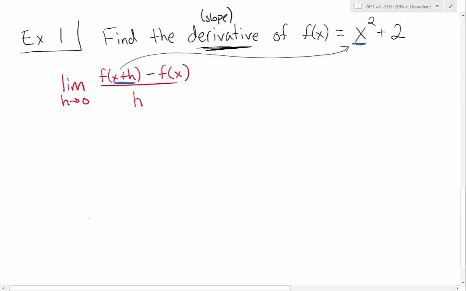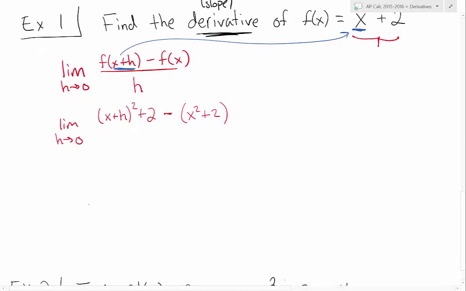So when we plug that in, we get the limit as h approaches 0. It was x squared plus 2, so it's going to change to x plus h squared plus 2. Then minus f of x. f of x is this whole thing, so minus x squared plus 2. And then all divided by h.